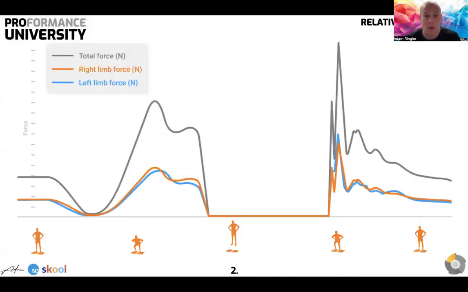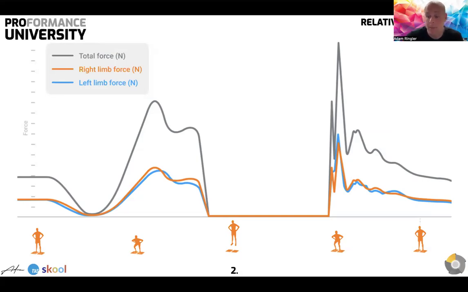Well, first we got to talk about what power is, right? When we talk about a counter movement jump, this is your hands on your hips. You stand on some force plates. You load up into an unweighing phase. This is the eccentric portion of a jump where you flex your knees, hips, and ankles, and you come down into a loaded spring-like position.